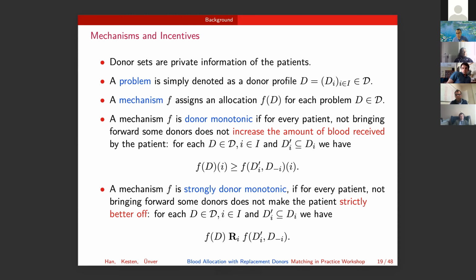Okay, so these will be the two ends of, if you wish, the incentive compatibility requirement I'm going to look at, and there's a reason for that, right? It's not by coincidence I'm looking at these two, because in our imagination, blood donation is not as costly as, let's say, donating your kidney or your liver. Actually, in some cases health experts even say that it's quite healthy to donate your blood once in a while.